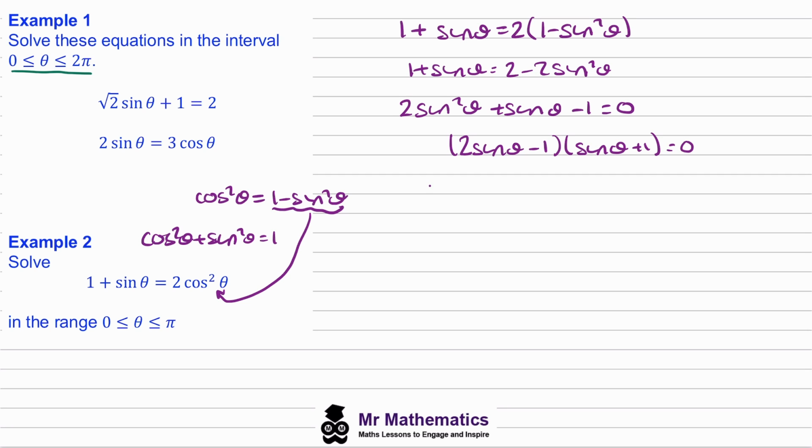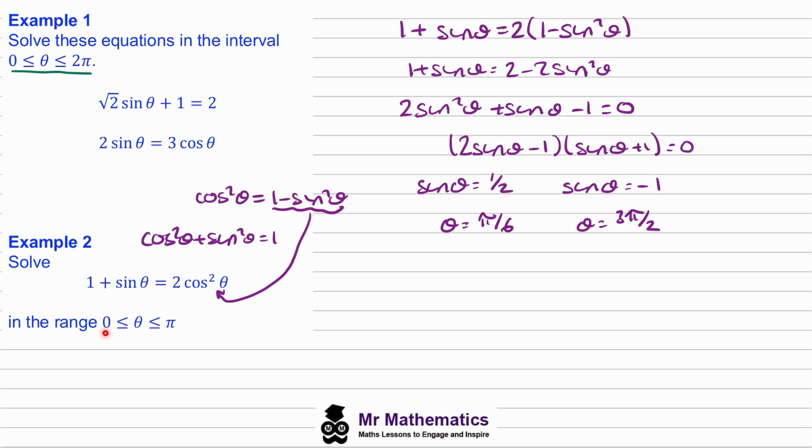So our solutions will be sine theta equals 1/2 and sine theta equals -1. So if we take the arc sine of both sides, we'll get theta equals pi over 6 and theta equals 3 pi over 2.